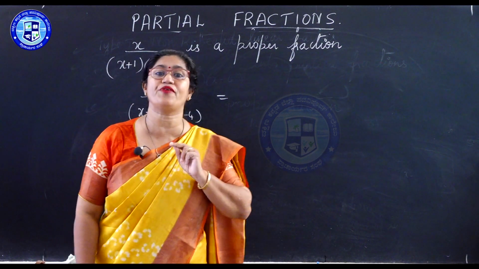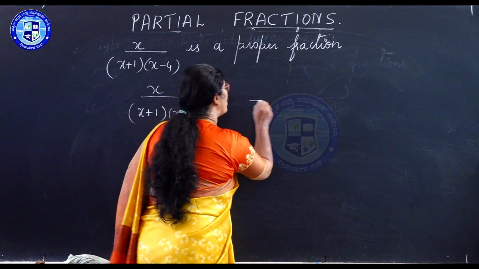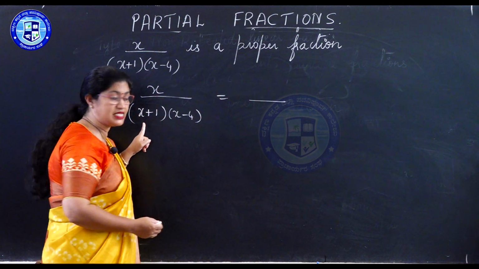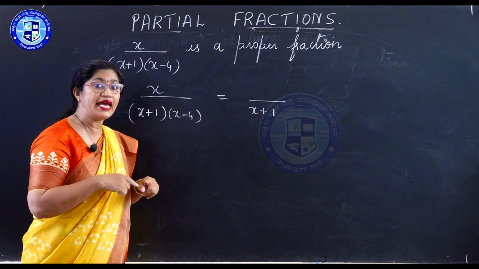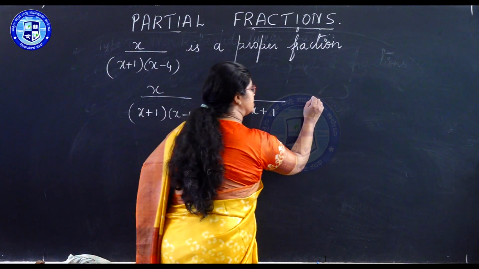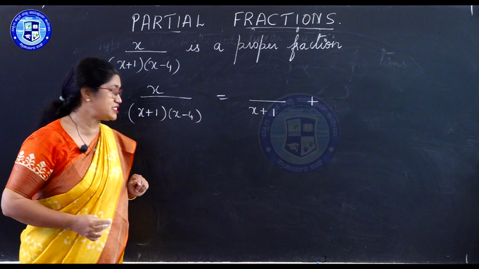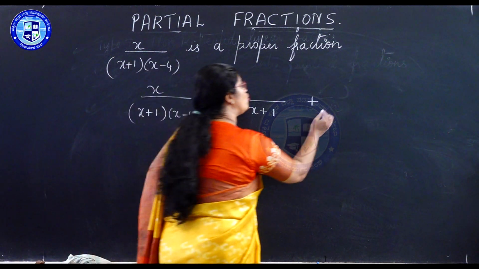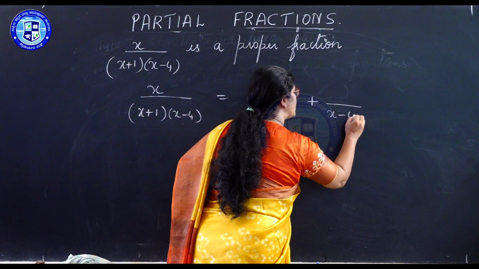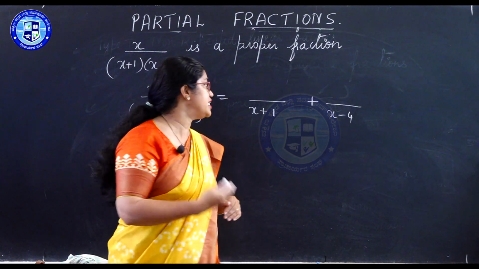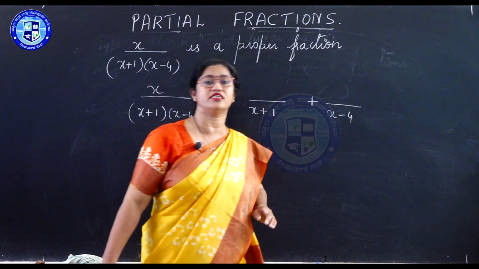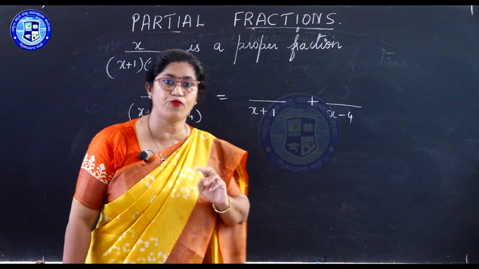It has 2 factors. So write one denominator as the first linear factor, that is x plus 1, and the second one, so I need it as a sum, so I will write plus and write the second denominator as the next factor x minus 4. If there was a third factor, then I would have written plus and written the third factor. Now there are only 2 factors.